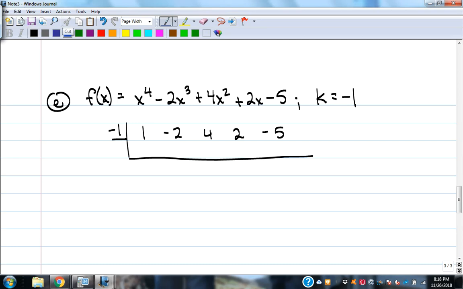Run it through with the synthetic division. What do we do first? Drop the 1, multiply. Love it when it works out.